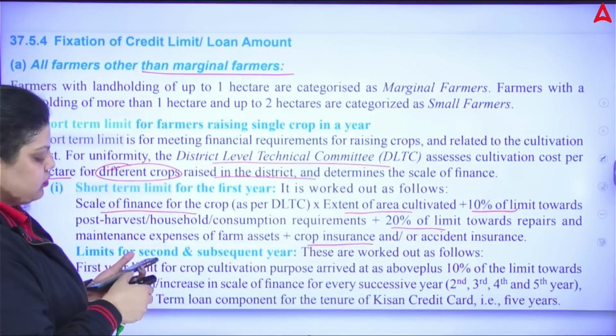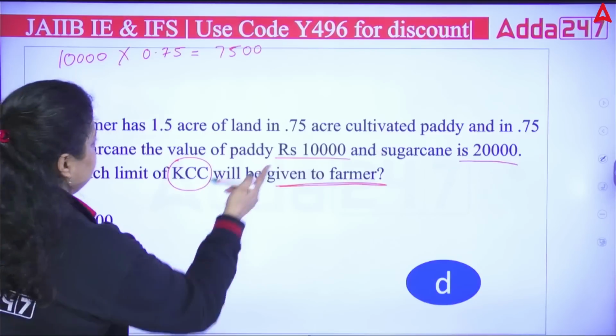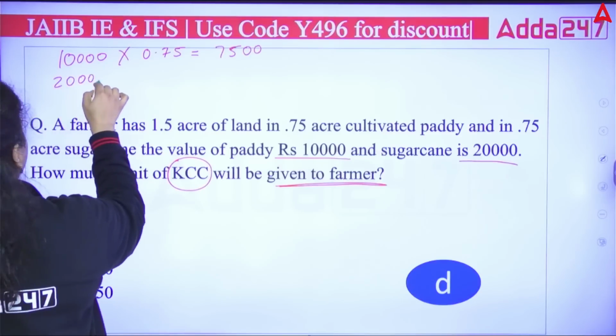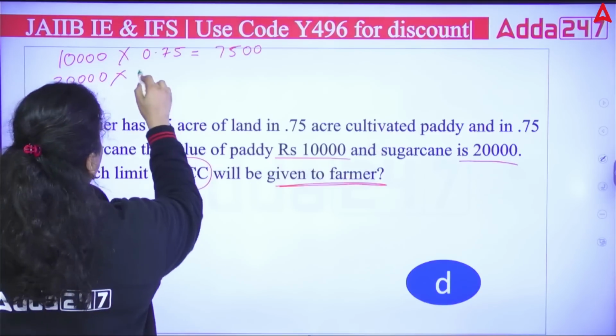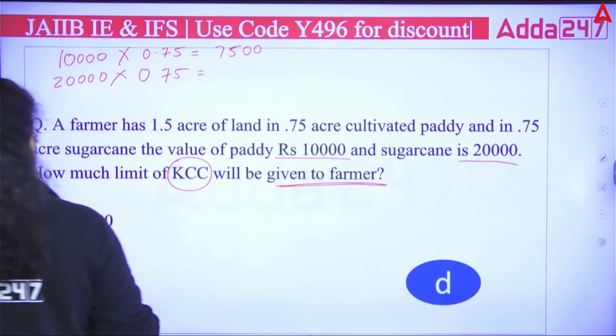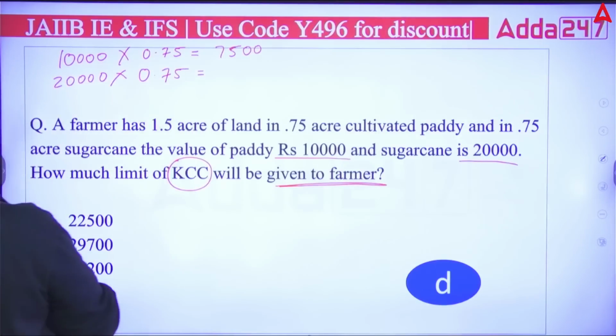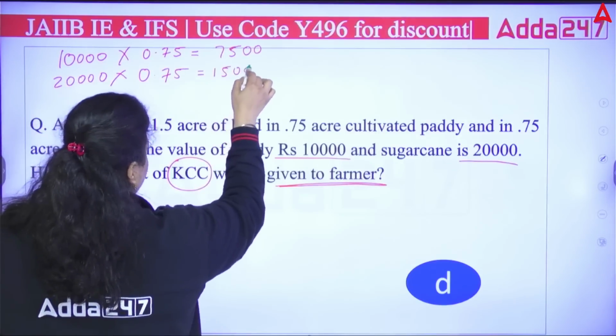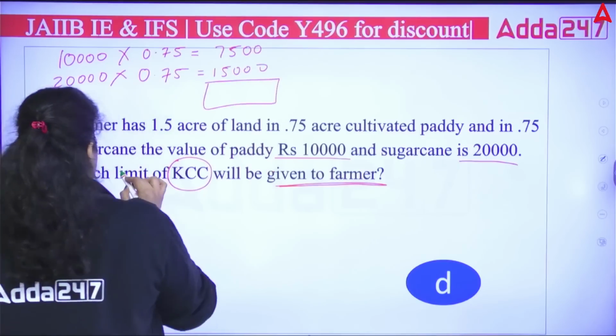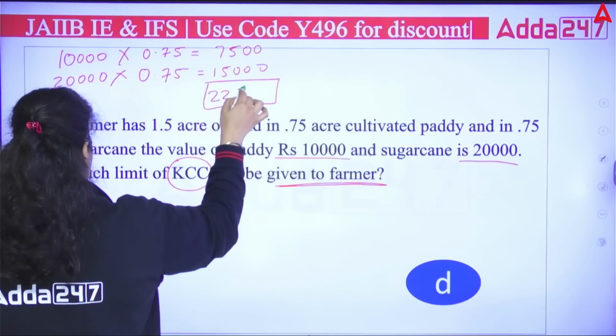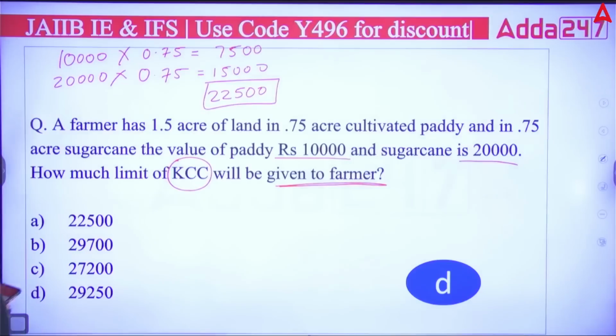We have 2 crops, so we have to calculate it for each crop. Then 20,000 multiplied by the same 0.75 gives us 15,000. The total value we have got here is 22,500. So we have calculated the scale of finance into the extent of your cultivated area. Clear?